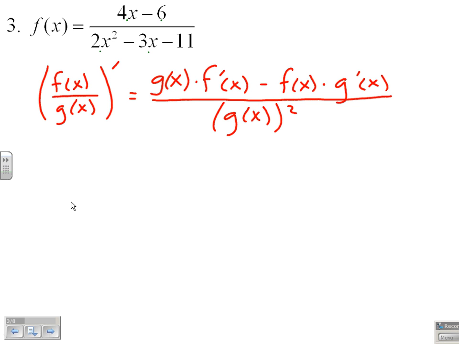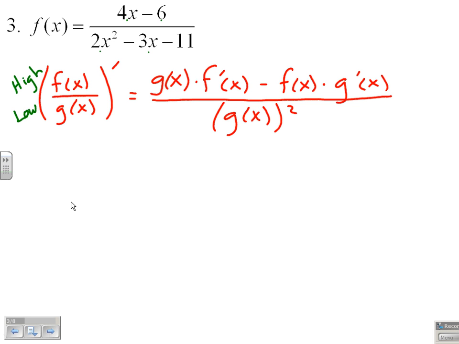So instead of thinking of this as top function, bottom function, numerator, denominator, I am going to think of this guy as my high function. This is my low function, and anywhere I'm taking a derivative of one of those, I will call that either d high or d low.